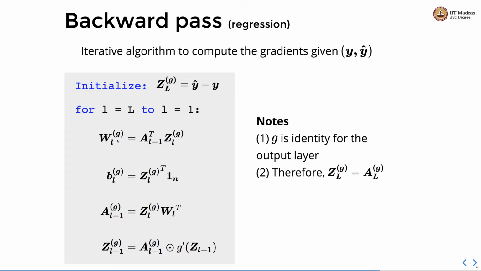In each step we compute WLG as AL minus 1 transpose into ZLG. BLG is equal to ZLG transpose into a vector of 1s of size n. Then AL minus 1 G is equal to ZLG into WL transpose, and ZL minus 1 G is equal to AL minus 1 G element-wise product with G dash ZL minus 1.